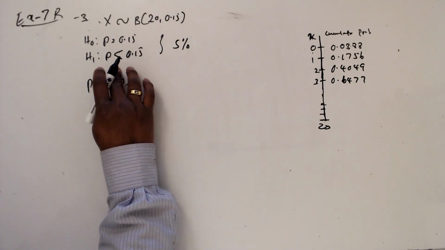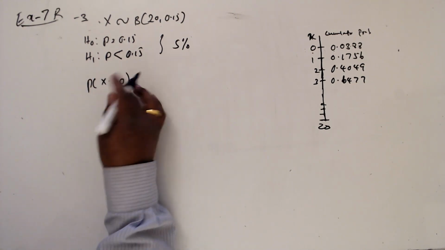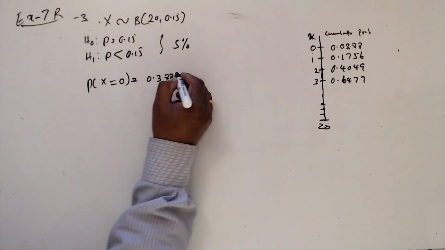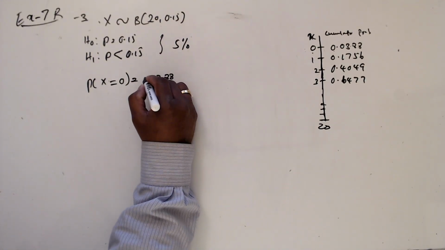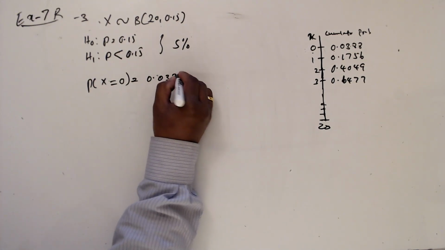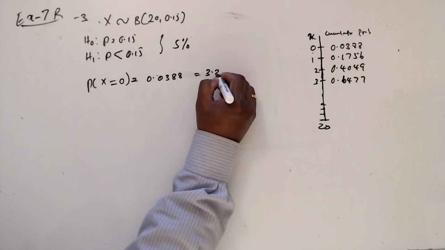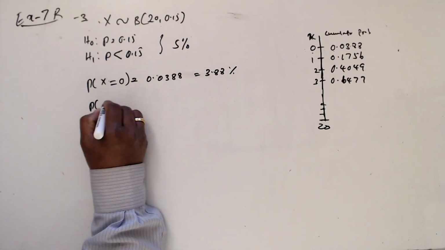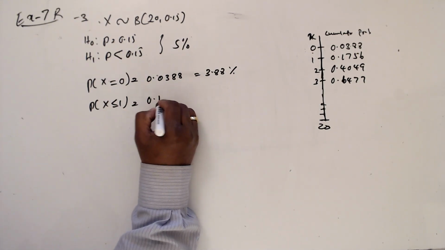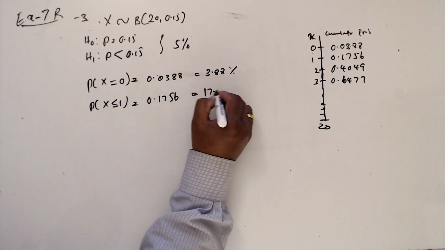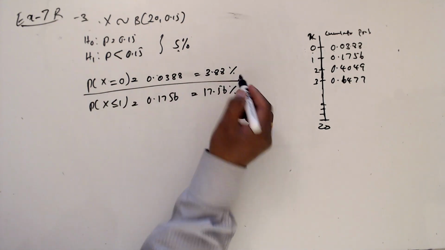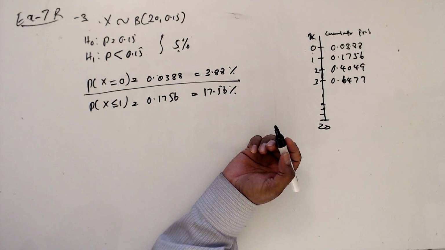So probability of x equals 0 is 0.0388, that is 3.88% as a percentage. Probability of x less than or equal to 1 is 0.1756, that is 17.56%. Now we can see we need the 5% significance, so the only possibility is 0.